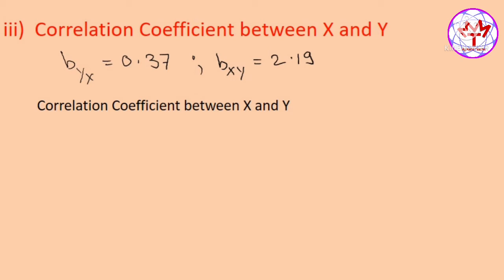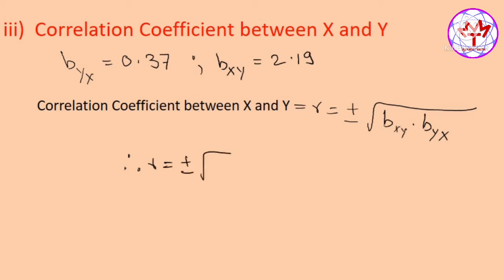Now correlation coefficient between x and y, that is denoted by r, and it is equal to plus minus under root bxy into byx. Therefore, r is equal to plus minus under root bxy is 2.19 into 0.37.